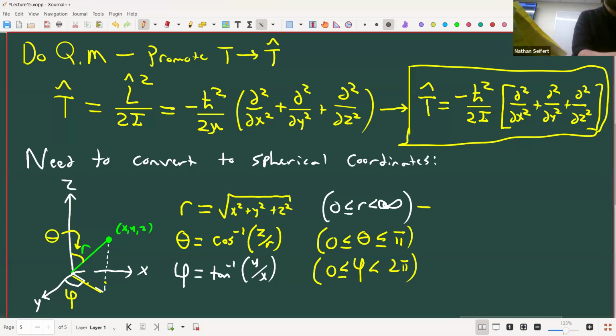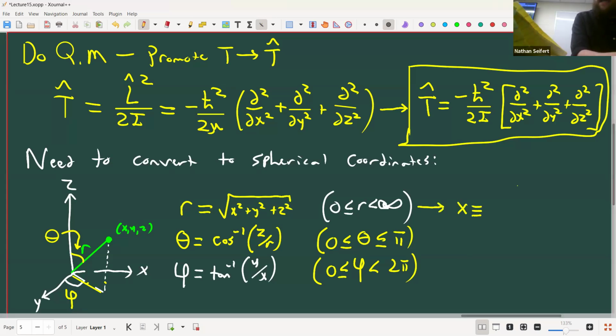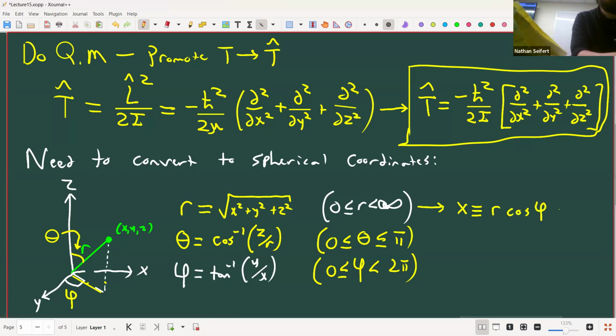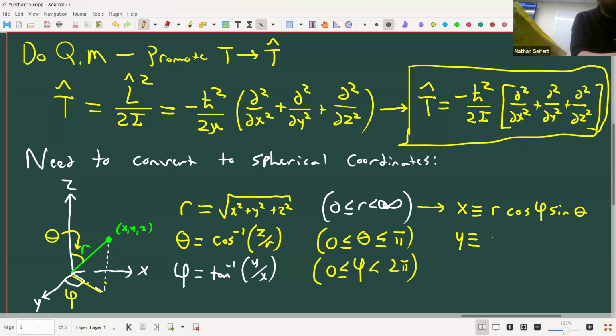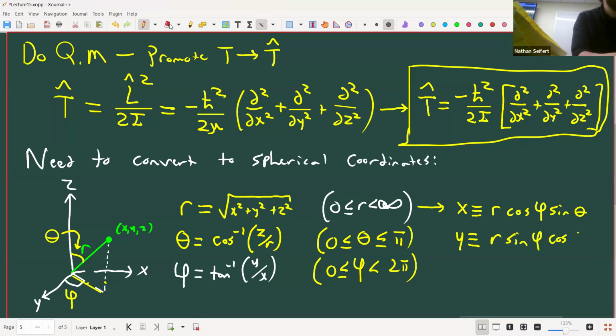And this leads to x being defined as r cosine phi sine theta. y is r sine phi sine theta. Sorry, sine theta, I apologize. Do my math right.